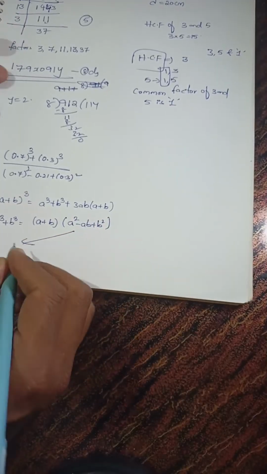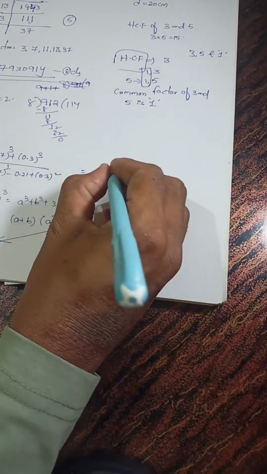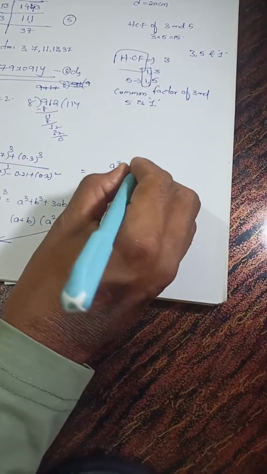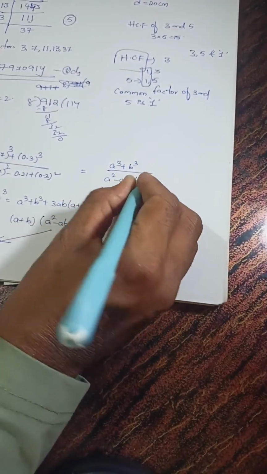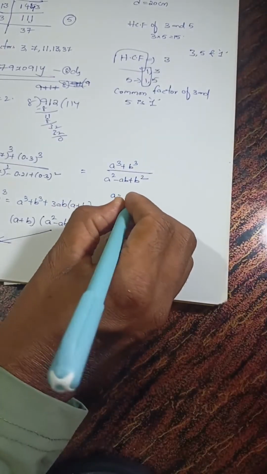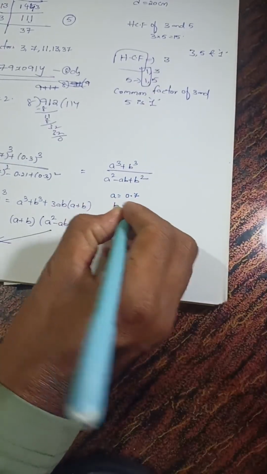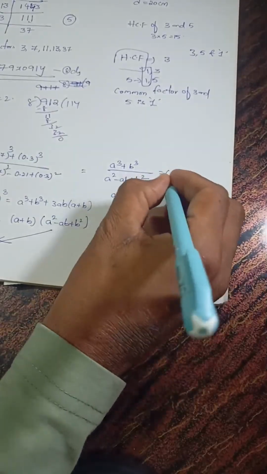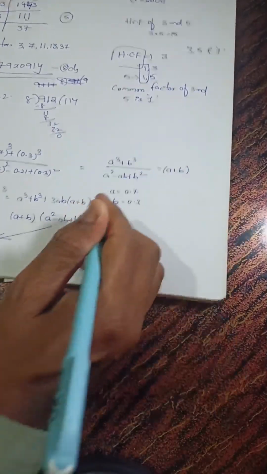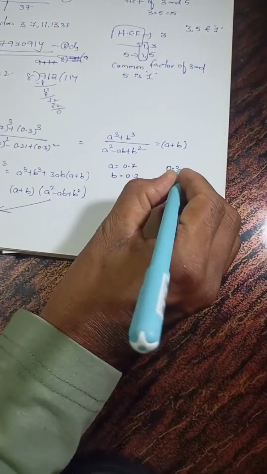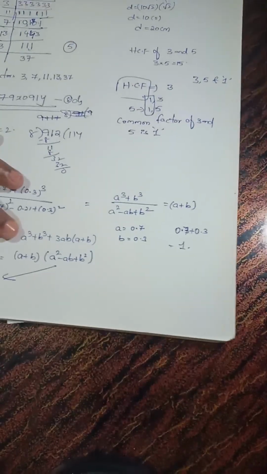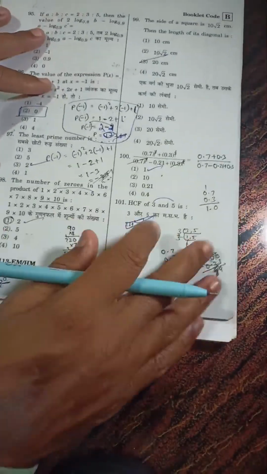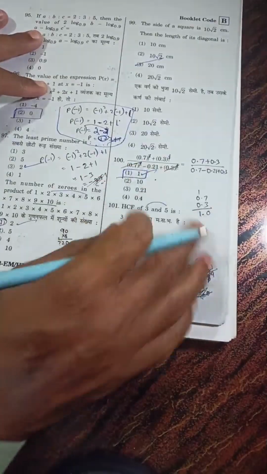If you take this to the denominator on the left-hand side, we get a cube plus b cube by a square minus ab plus b square, which equals a plus b. Here a value is 0.7 and b value is 0.3. Just add 0.7 plus 0.3, and we get 1. So the final answer of this problem is 1.